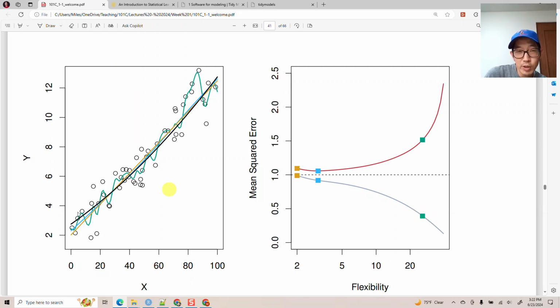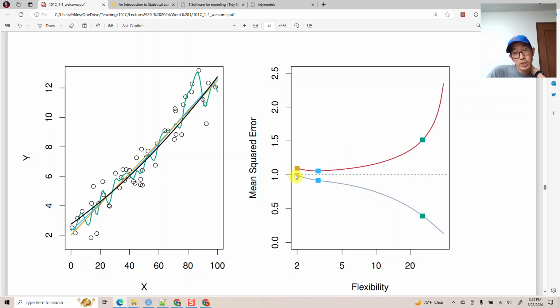Okay. However, if we were to generate a new random set of points around the black line, the true line, we see it's going to perform poorly. As far as the linear line and the slightly flexible blue line, it's not going to make a huge difference, okay? Just because the true relationship being in black isn't all that different from the linear relationship or the slightly flexible blue line.